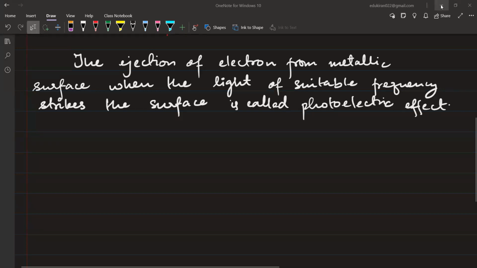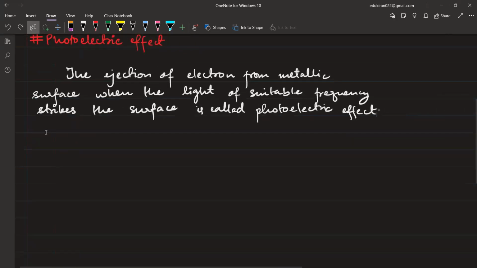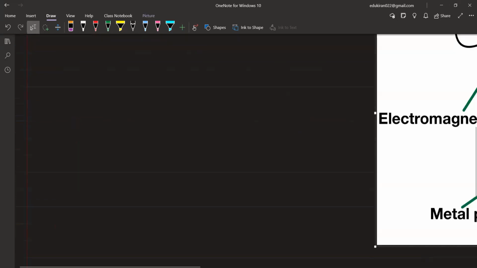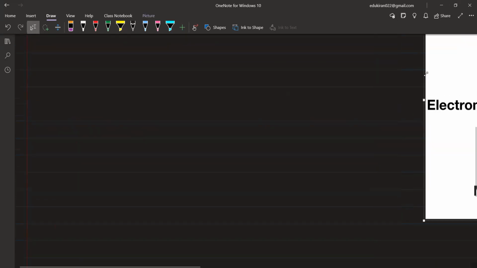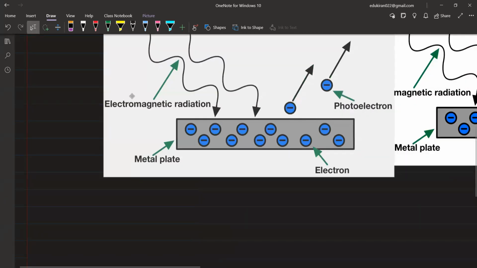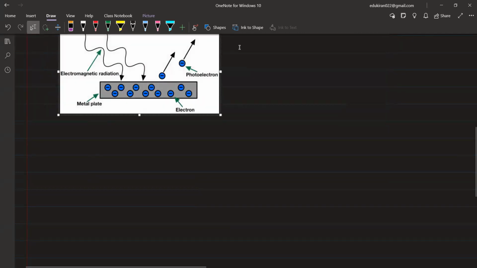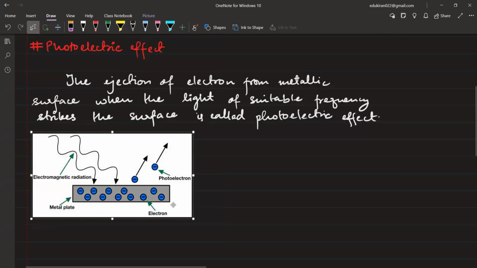Now, please see what happens actually in photoelectric effect is something like this. See here, what we are doing, we are having a metal surface.